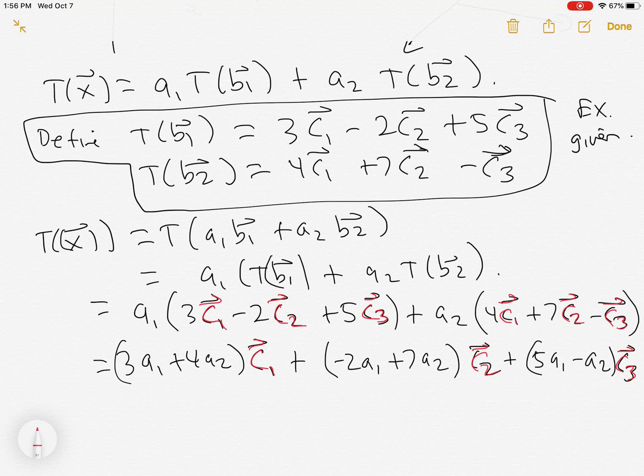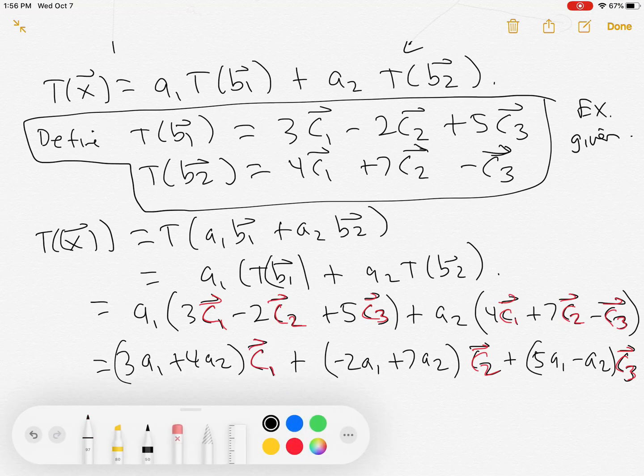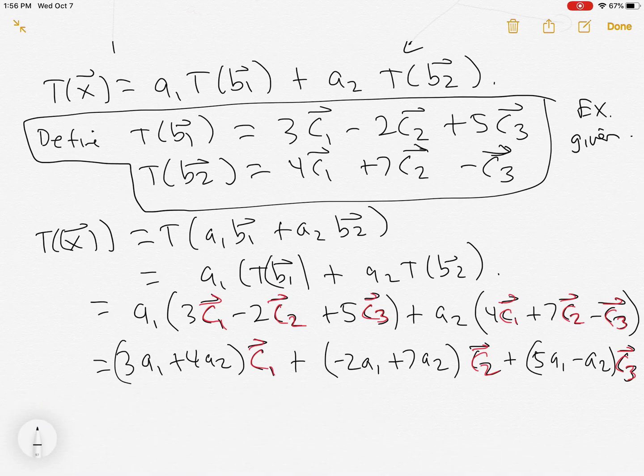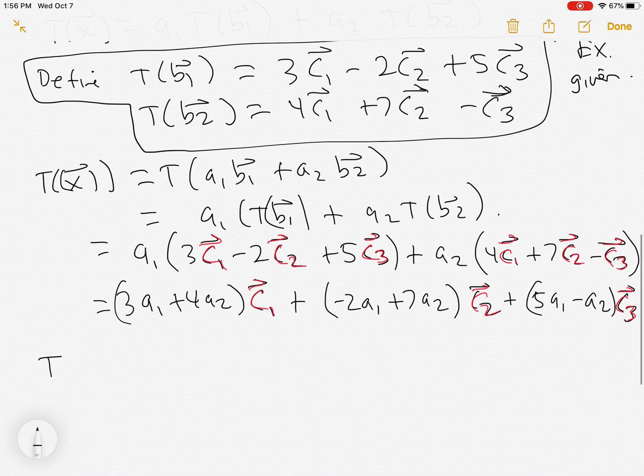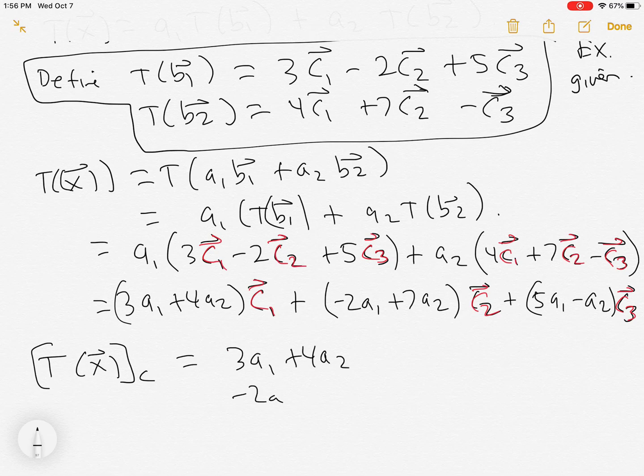Now we have T of x expressed in the c vectors: 3a1 plus 4a2, minus 2a1 plus 7a2, 5a1 minus a2.